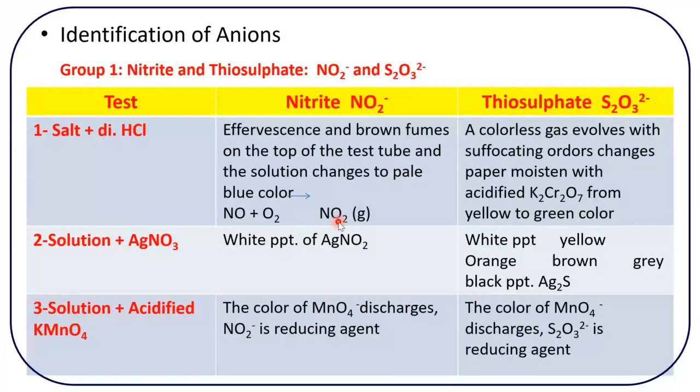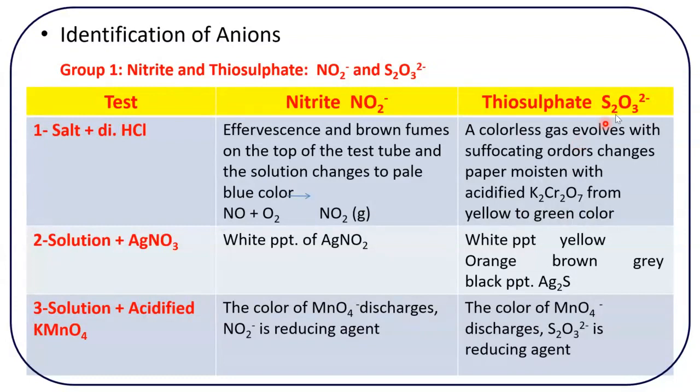Very good. In case of thiosulfate, the salt plus the group reagent, a colorless gas evolves with a suffocating odor, which changes the paper moistened with acidified dichromate from yellow to green.